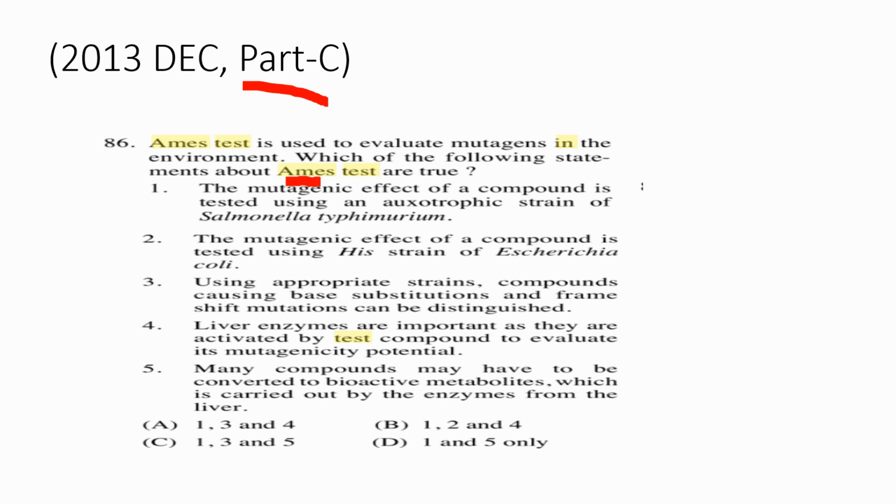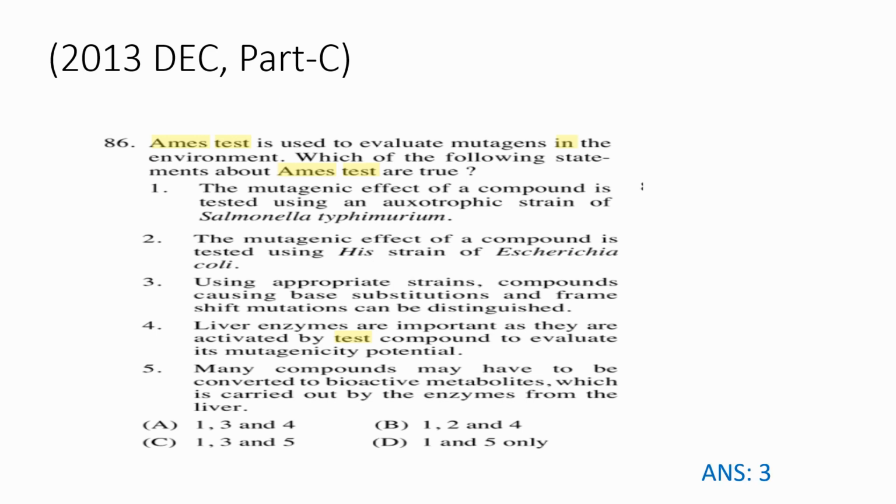The options are: first, the mutagenic effect of a compound is tested using an auxotrophic strain of Salmonella typhimurium; second, the mutagenic effect of a compound is tested using a his strain of E. coli; third, using appropriate strains, compounds causing base substitution and frameshift mutations can be distinguished; fourth, liver enzymes are important as they are inactivated by test compounds to evaluate mutagenicity potential; or fifth, many compounds may have to be converted to bioactive metabolites, which is carried out by enzymes from the liver. So we have to choose which statements are true about the Ames test.